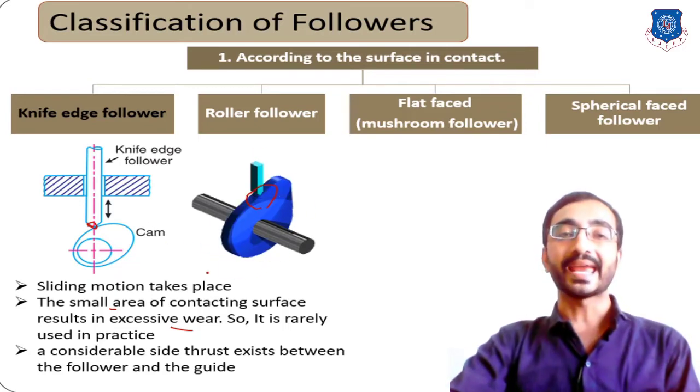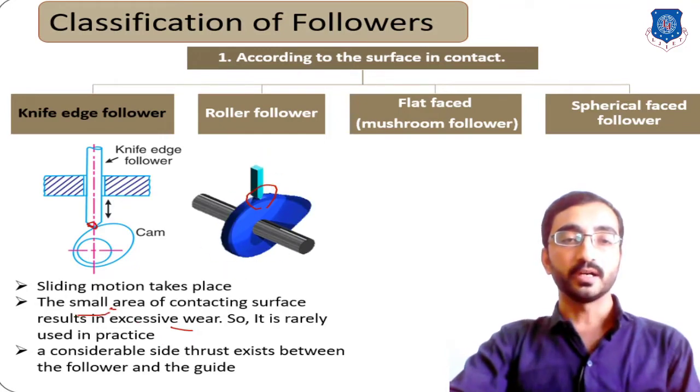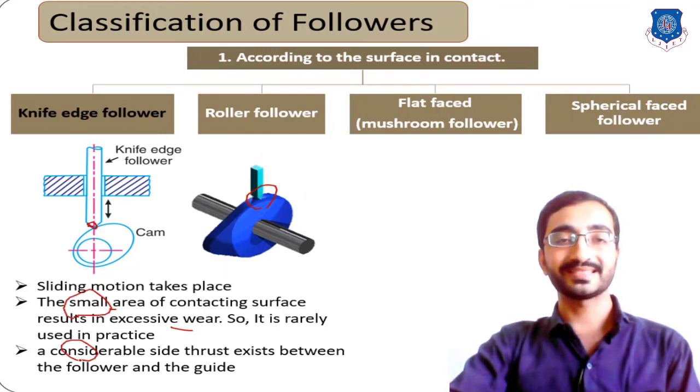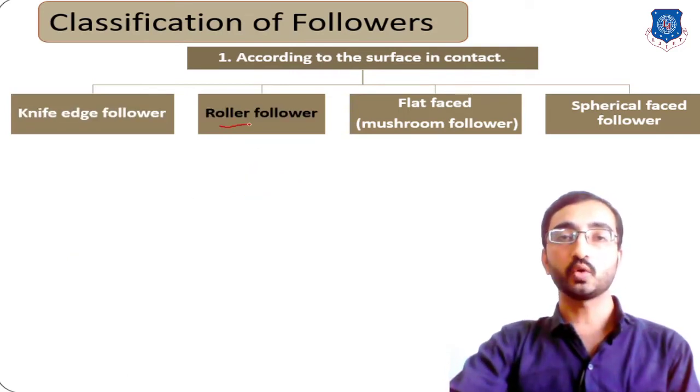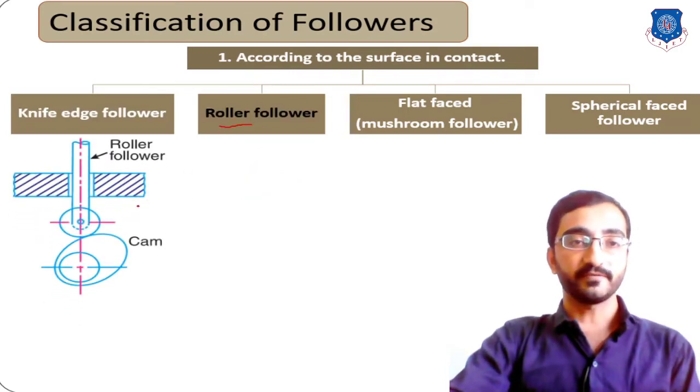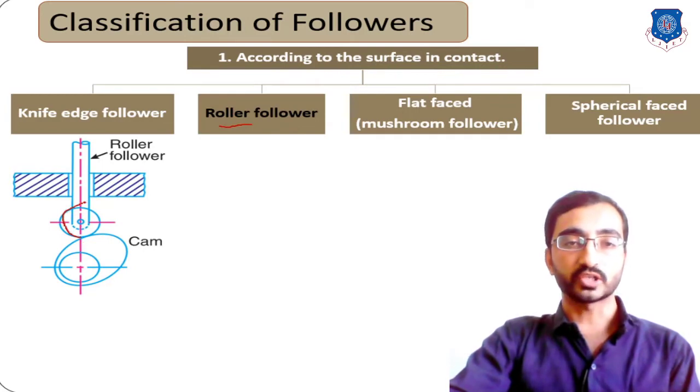Okay, so to eliminate these types of difficulties, we use the second type of follower, which is known as the roller follower. In the roller follower, the surface which is in contact is in roller shape.